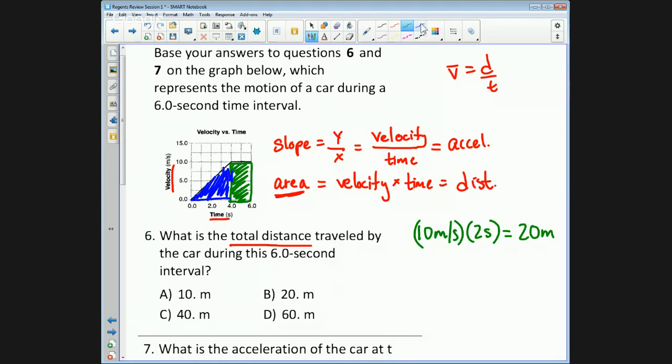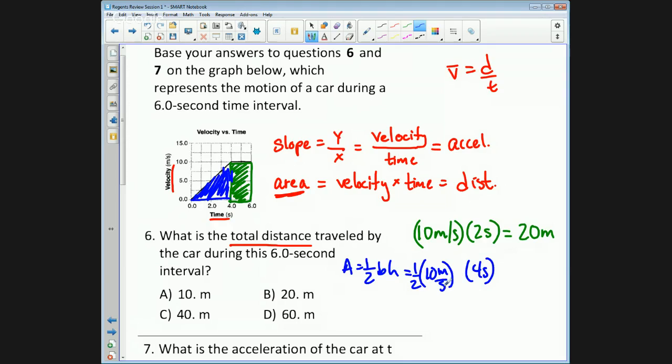We also need to figure out the area of the triangle. The area of a triangle is 1/2 base times height. So the base goes from 0 to 4 seconds, so 4 seconds. And the height goes up to 10 meters per second as well. I also need to multiply by 1/2 because that's the area of a triangle.